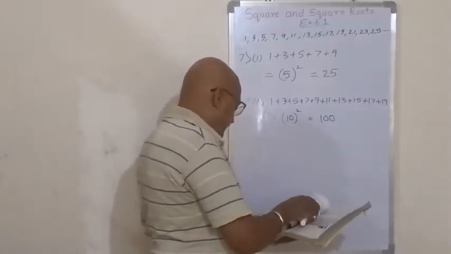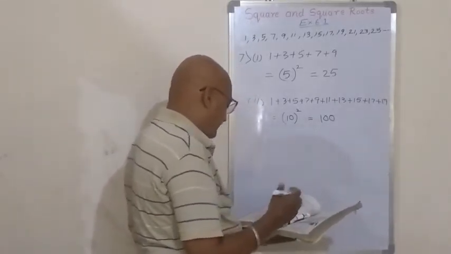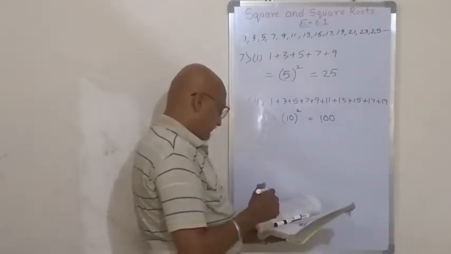Next I will go for 8-1. Express 49 as the sum of 7 odd numbers.